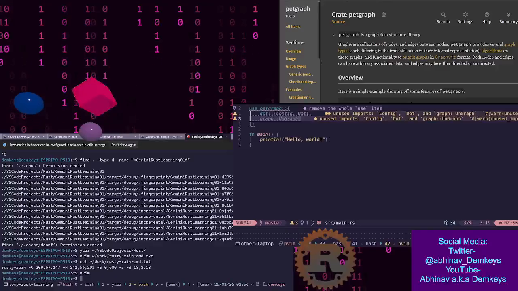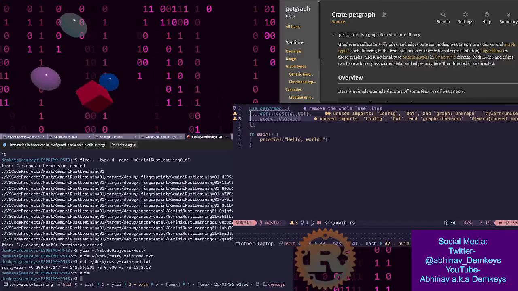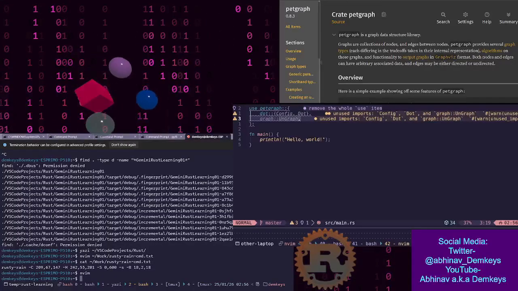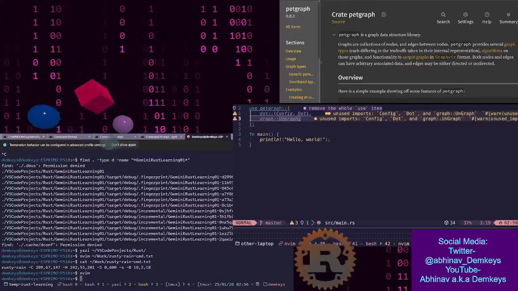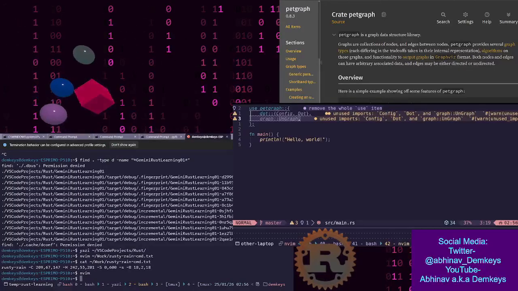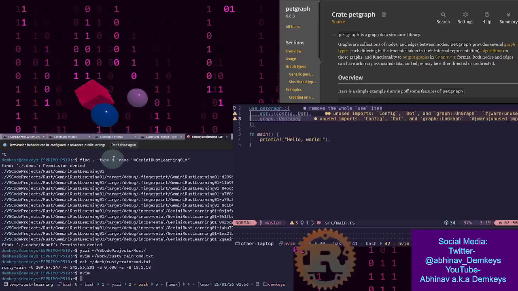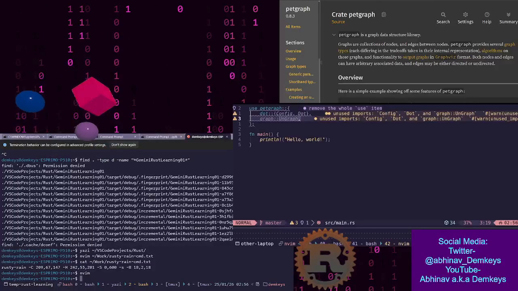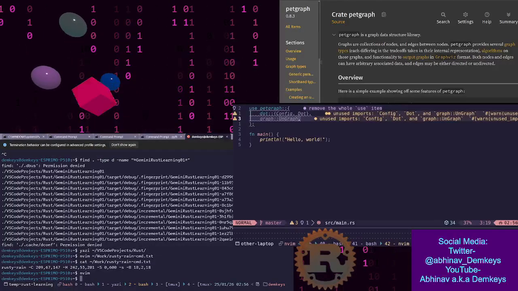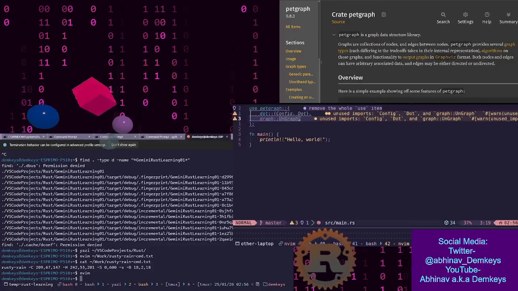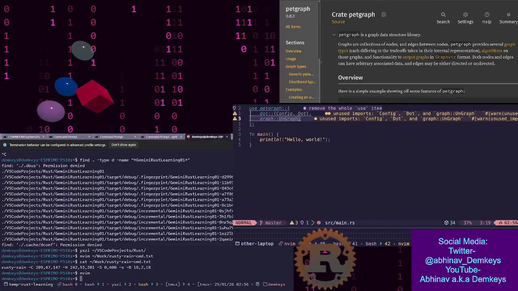Then shortest path: what is the fastest way for this data to get from point A to point B? Then topological sort: in what order do I need to calculate these nodes so that every node has its inputs ready before it runs? This is exactly how Comfy UI or Blender knows which node to process first.